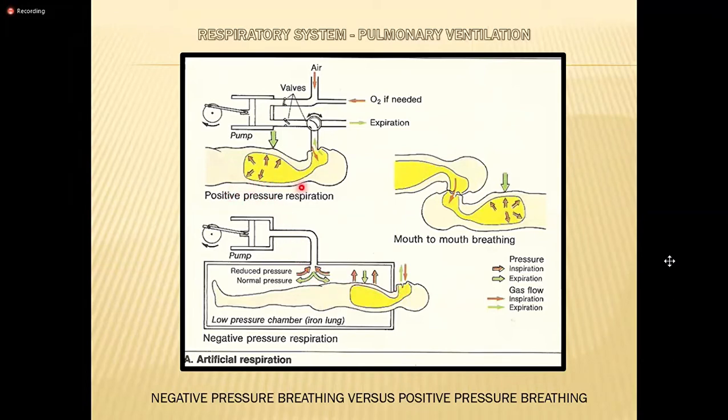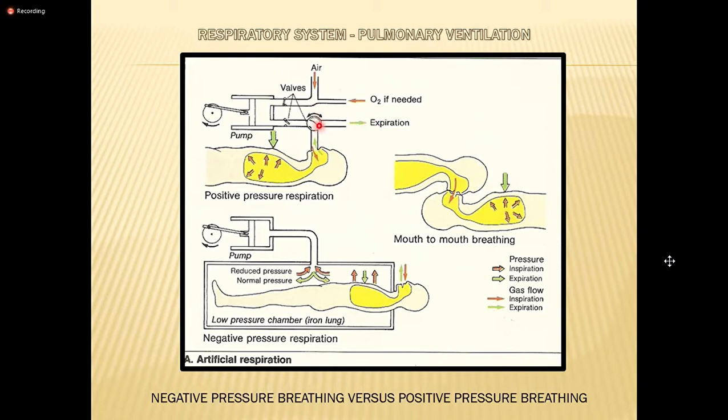In your positive pressure respiration, you pump the air. The air from the outside goes to the valve, and then it will be pumped so that it will go out through this valve.